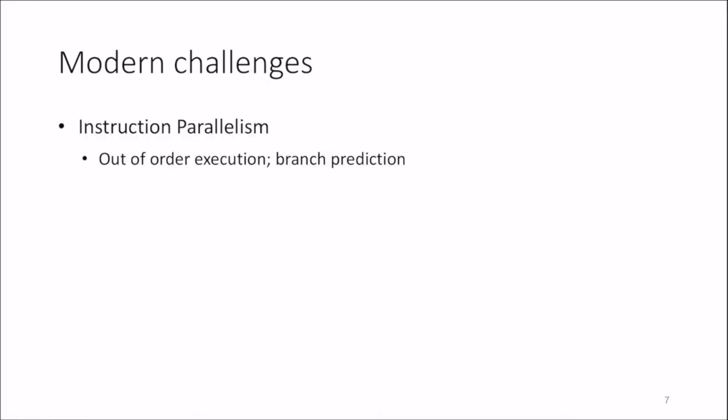So what are some modern challenges in compilers that people are working on at the moment? There's instruction parallelism, which is trying to execute as many instructions as possible at the same time by taking advantage of the hardware that exists now.